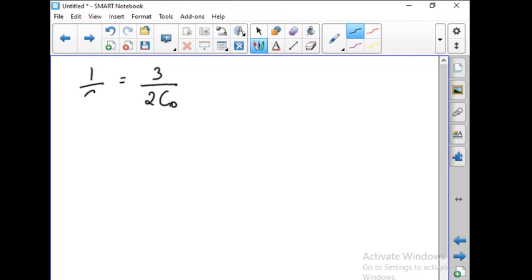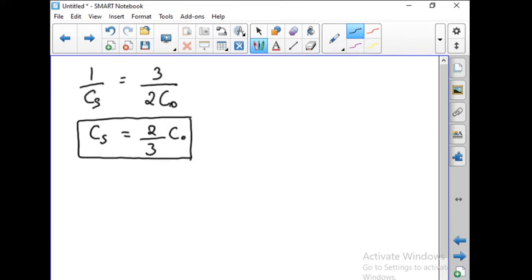This is the value of 1 by Cs. Therefore, what is the value of Cs? Cs is equal to 2 by 3 C0. So this is the equivalent capacitance.